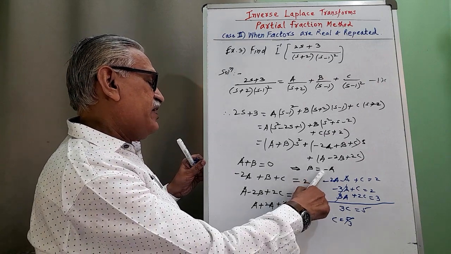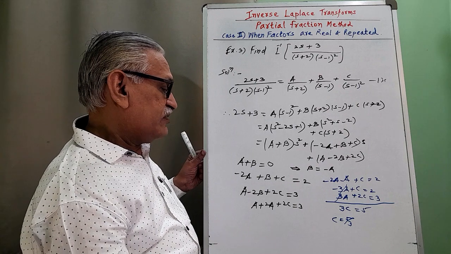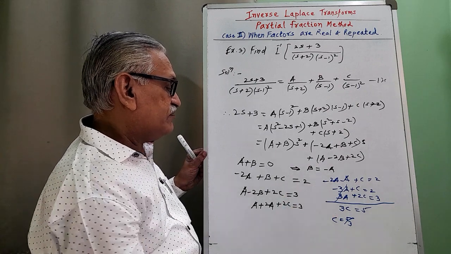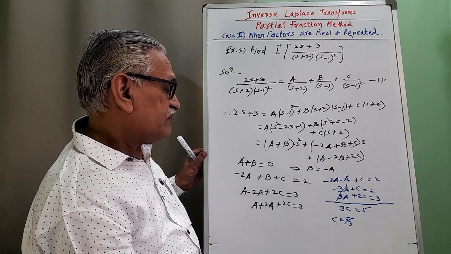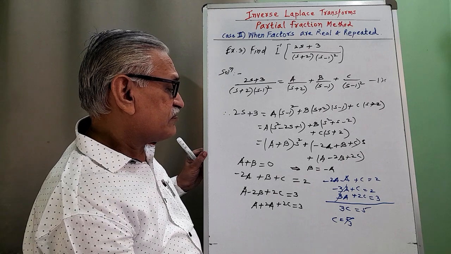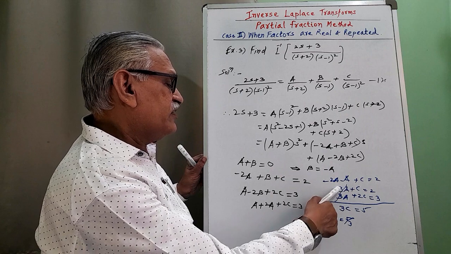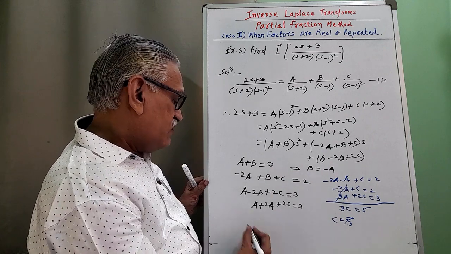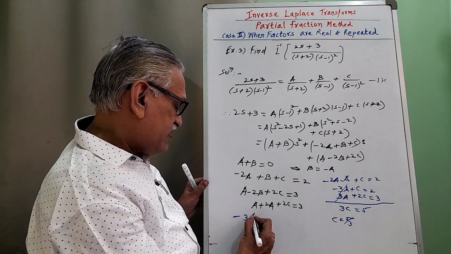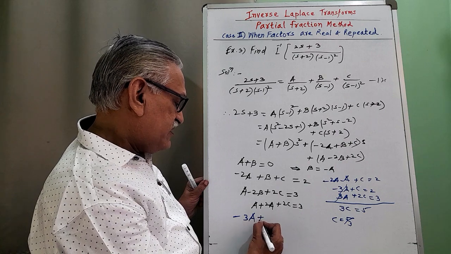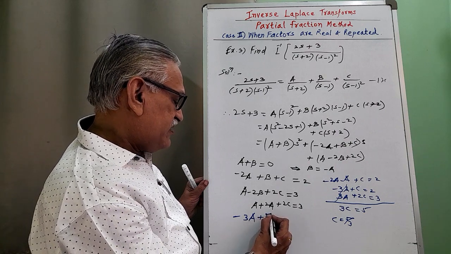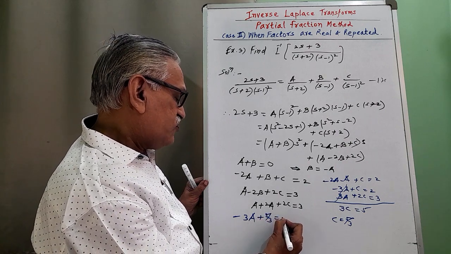Substituting that value of c in this equation, any one of these equations, we get minus 3a plus c, c is 5 by 3, and that is equal to 2.